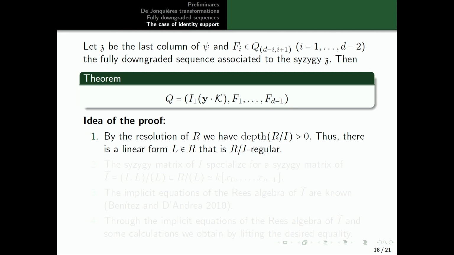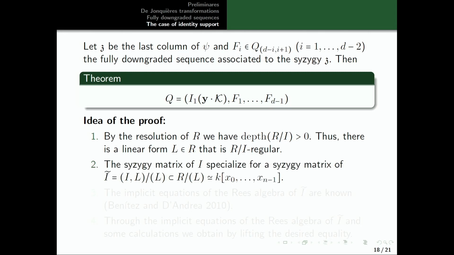In particular, there is a linear form L that is R/I regular, and we specialize the ideal I modulo the linear form L. In particular, the syzygy matrix of I is a syzygy matrix of I tilde.